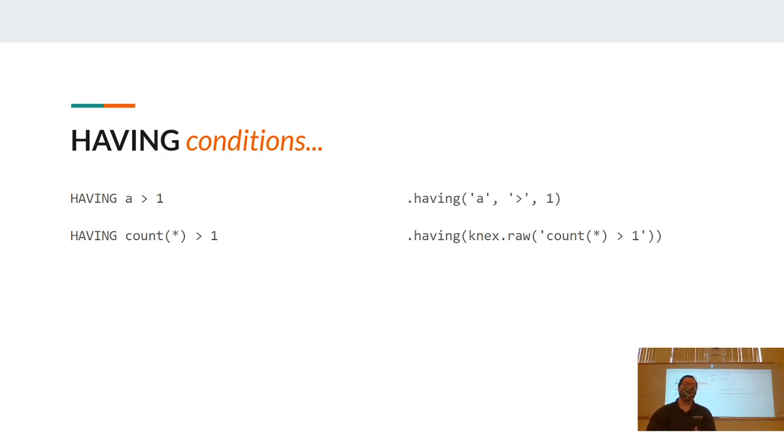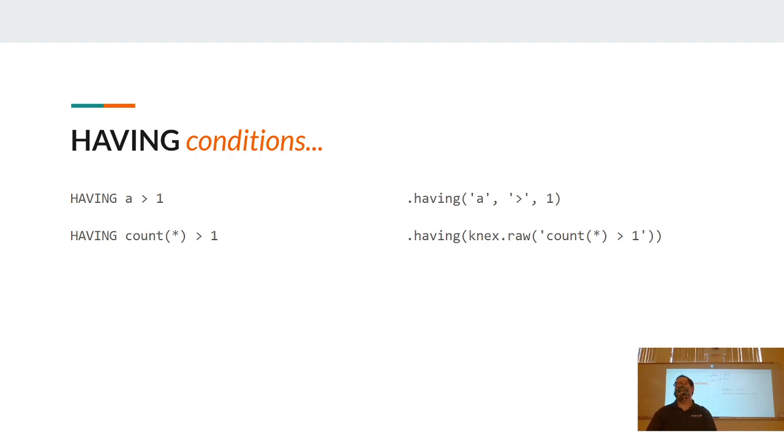It doesn't make it easy for you to build the SQL. The other thing that you have to worry about if you're using knex raw is SQL injection. If you use these other statements, you don't really have to worry about SQL injection as much, because this 1 here, it knows that 1 is data. It won't try to treat that 1 as code.